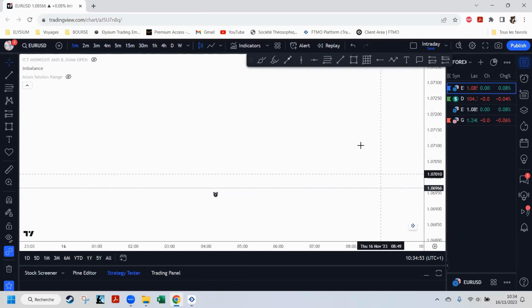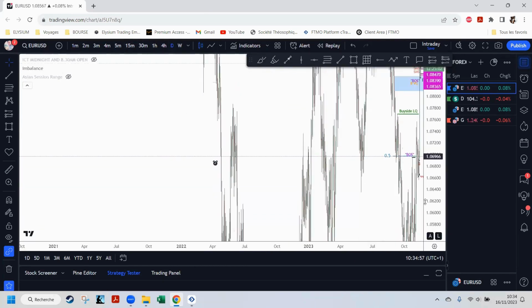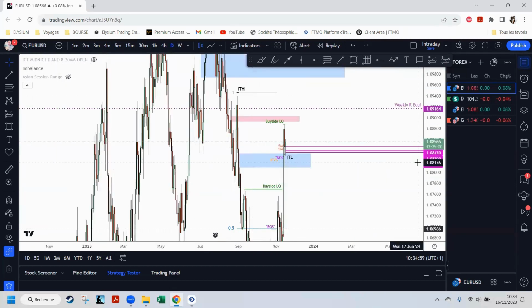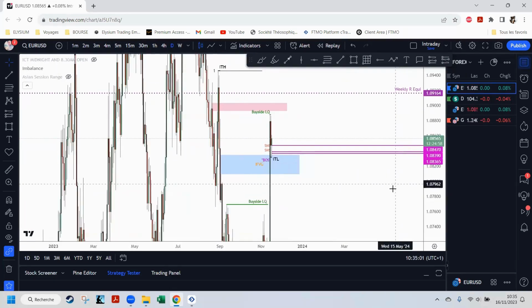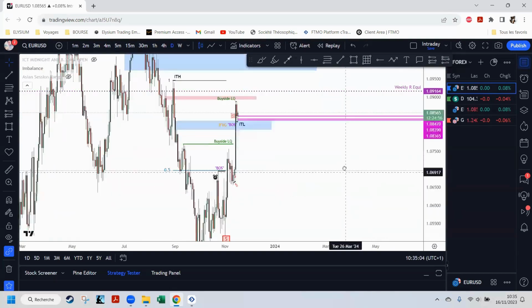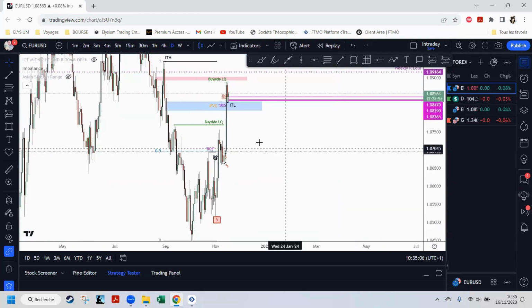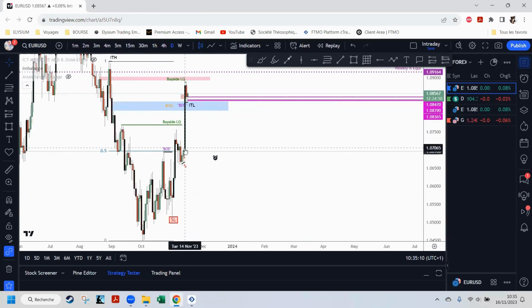On the daily, so now I'm in a live trade, okay. And so on the daily, we took some buy-side liquidity, right? But when people see this strong candle, the first thing they do is they try to sell, okay?